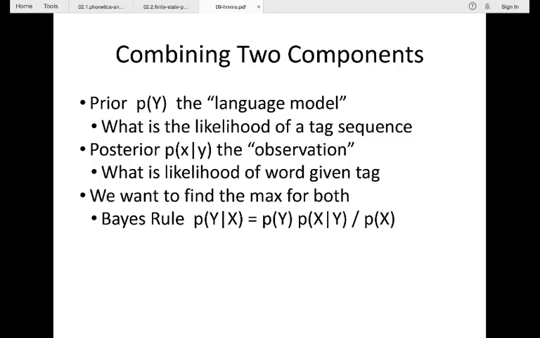So x is going to be an observable, and y is going to be the hidden state, the hidden tag in our case. So we can use Bayes' rule to put these together. Argmax it, drop the denominator, and we've got something that's fairly easy to work with.